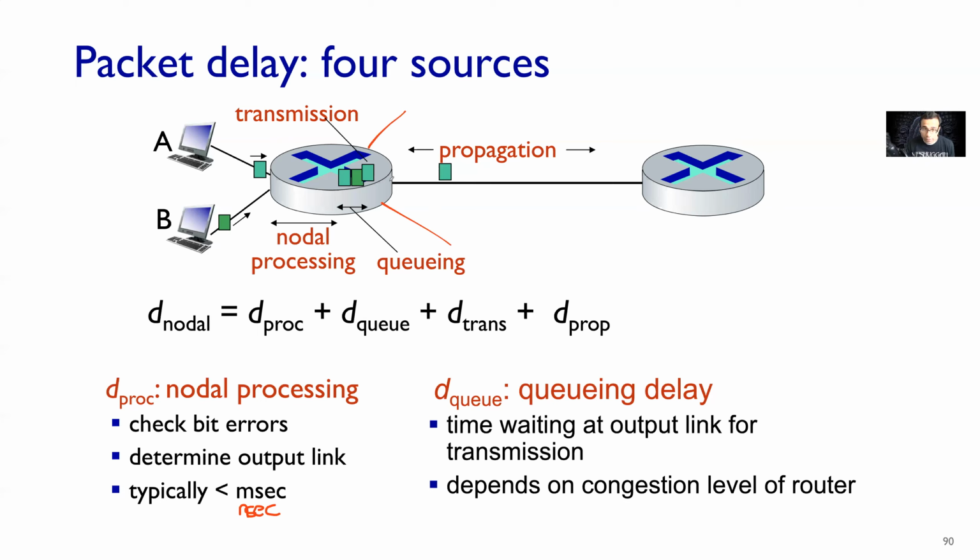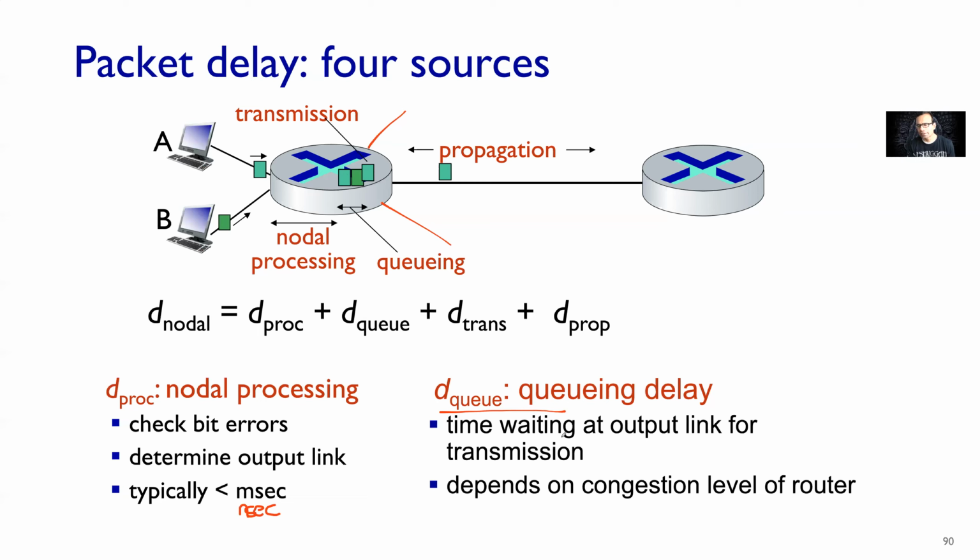Of course, there may be other packets waiting to be sent on that outgoing link in a buffer. In that case, the packet gets queued up. It gets put at the end of the queue, let's just say for simplicity, and then it has to wait for the queue to clear out before it can be sent out. So this time that a packet has to wait till it can actually be transmitted is called the queuing delay.